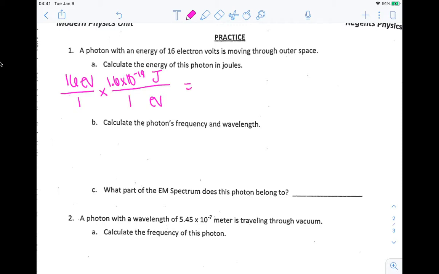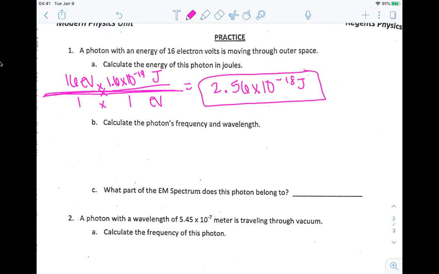Go through and solve. Remember, this becomes basically like one big long fraction where you're multiplying the top and multiplying the bottom. So we end up with 2.56 times 10 to the negative 18 joules. Electron volts cancel because they're on the top and the bottom.